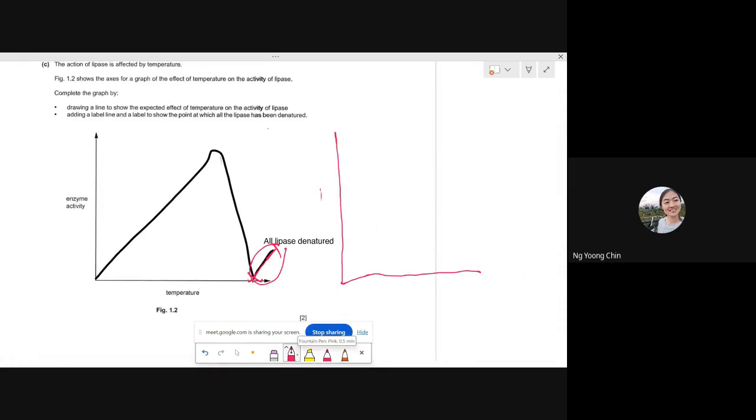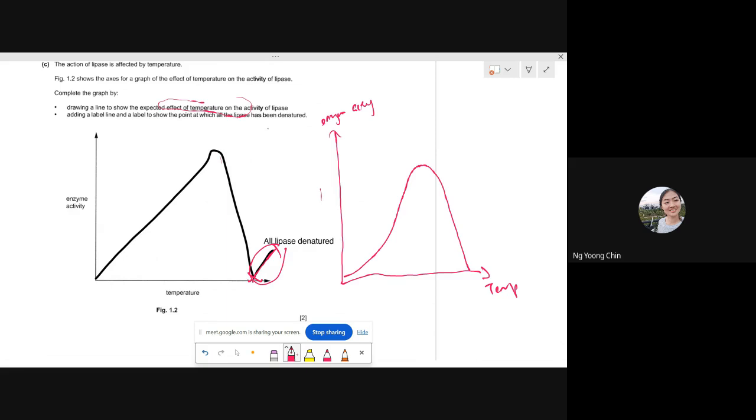Because it's the effect of temperature on the activity of lipase, they also want you to draw the label line and show the point where the lipase has been denatured. Maybe you can write this way: like this, increasing until it reaches what we call the optimum temperature point, and then suddenly it will decrease. Then you can draw temperature on this axis and enzyme activity on this axis.